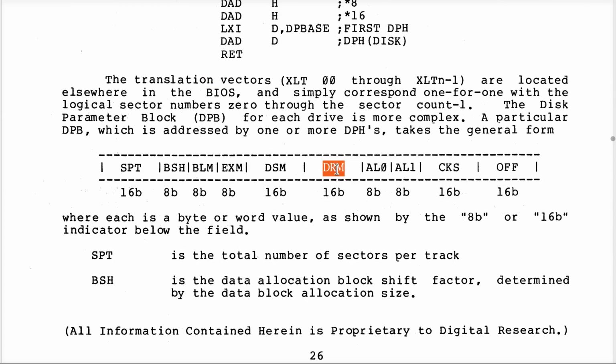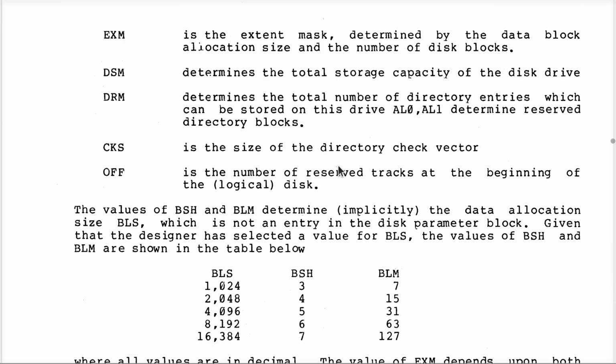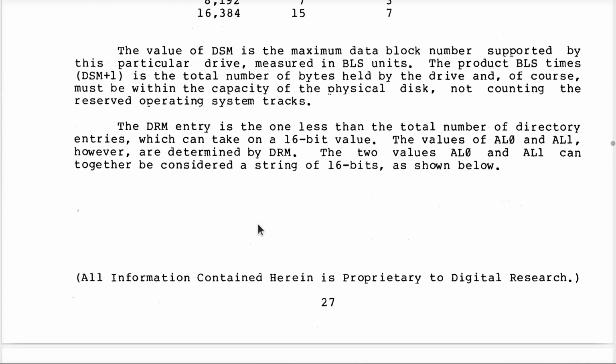Now, what about the DRM? What's that all about? Okay. It determines the total number of directory entries which can be stored on the drive. AL0, AL1 determine the reserved directory blocks. I come back down here.